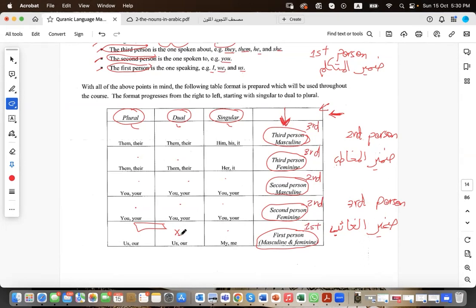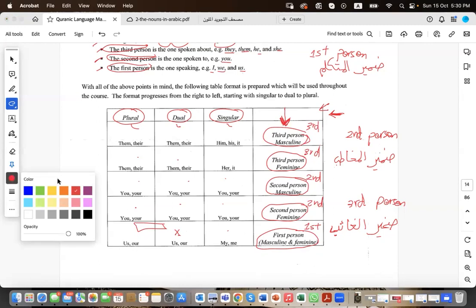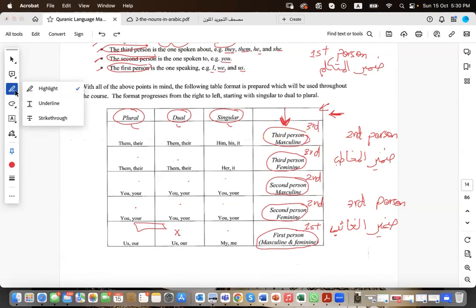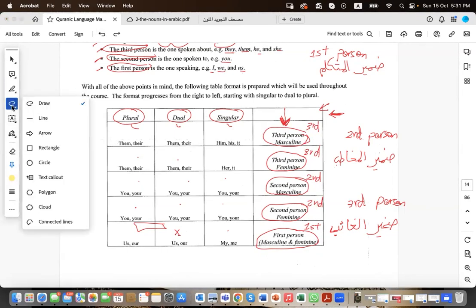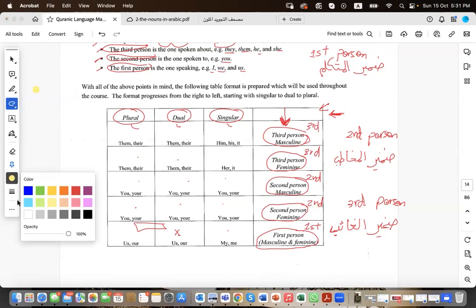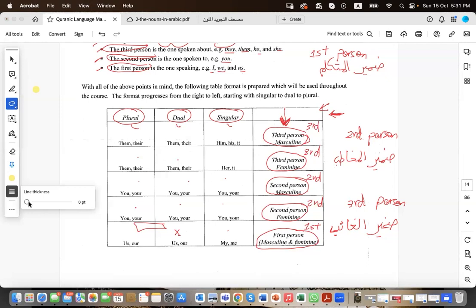Fine. If I were you, I would use color coding. I would use, for example, a highlighter.